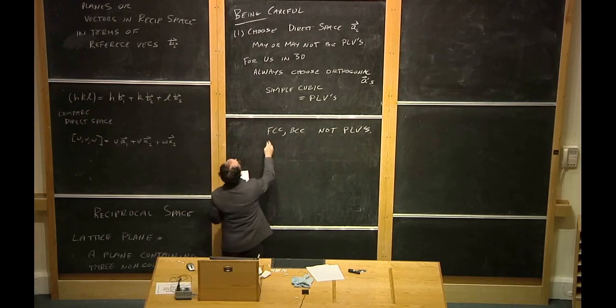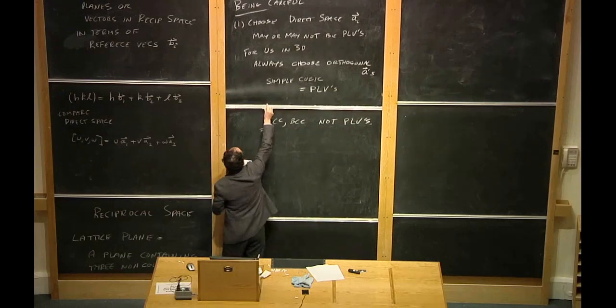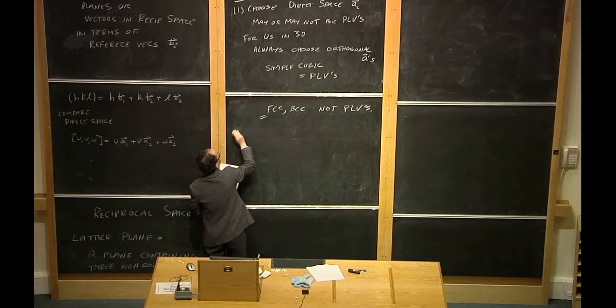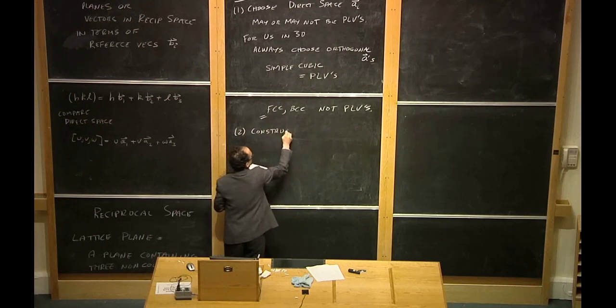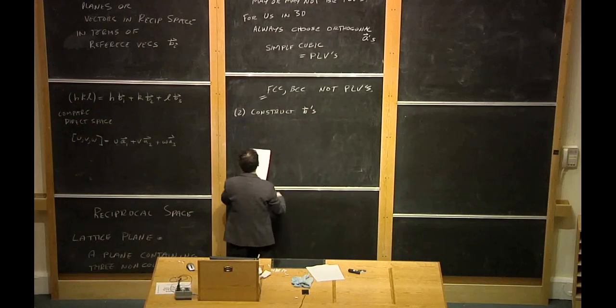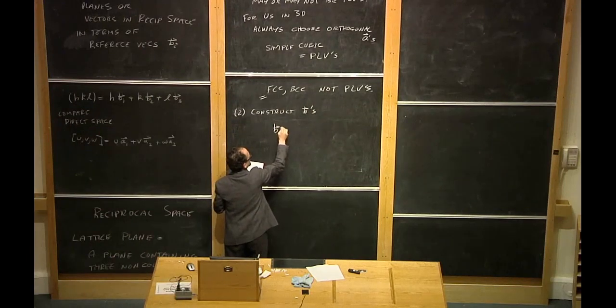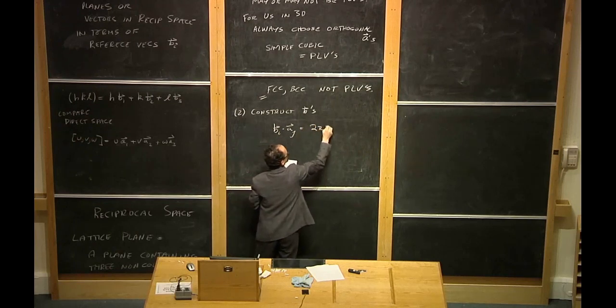Okay? So given that we've defined these a's, we then construct b's. So call that step 2. Construct b's by b_i · a_j equals 2 pi delta_ij.